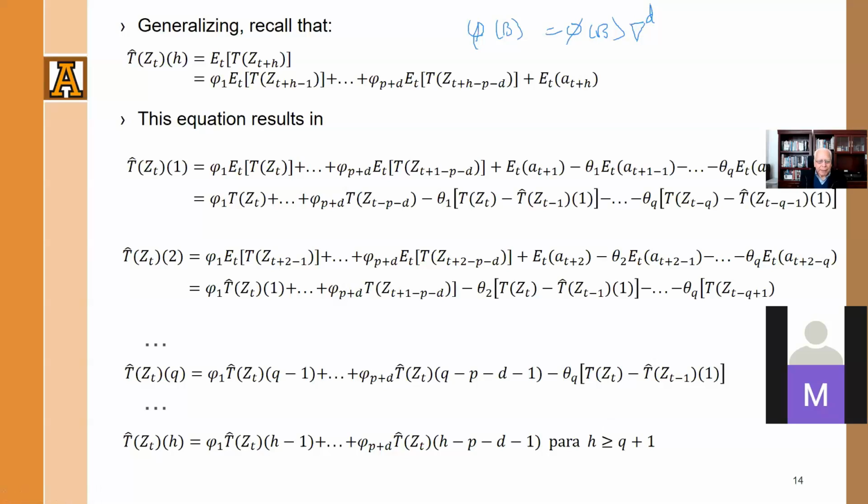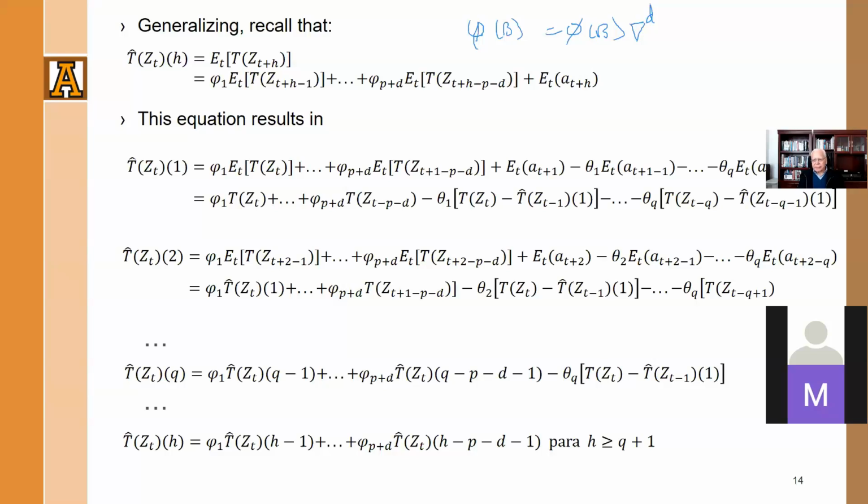For h greater than or equal to q plus 1, the forecast only depends on the coefficients on the autoregressive side of the equation, that is, phi of B times the difference, or 1 minus B to the d. So in general, after we exceed the order of the moving average polynomial, the forecasts are determined only by the autoregressive polynomial.